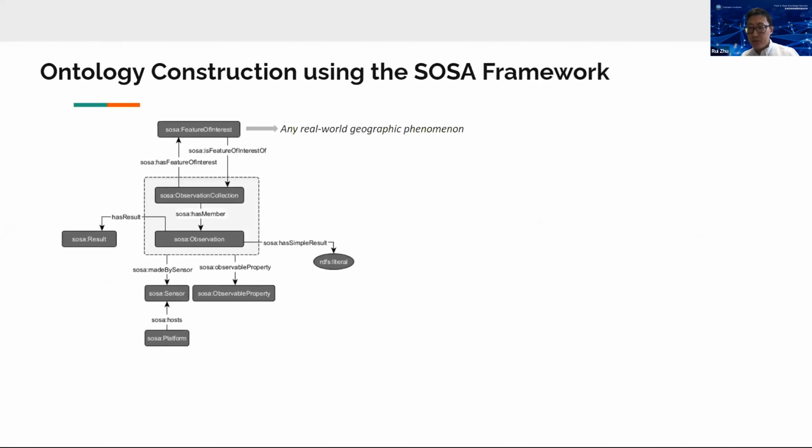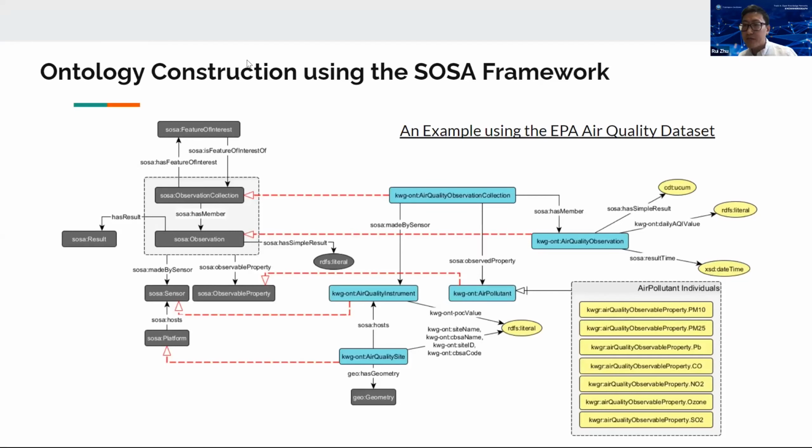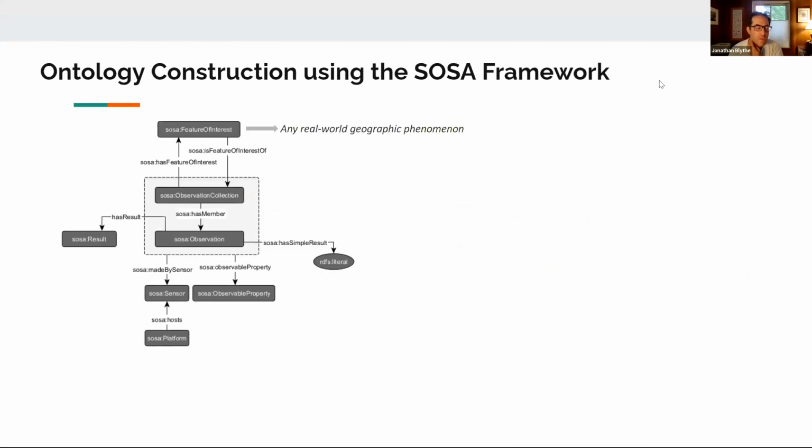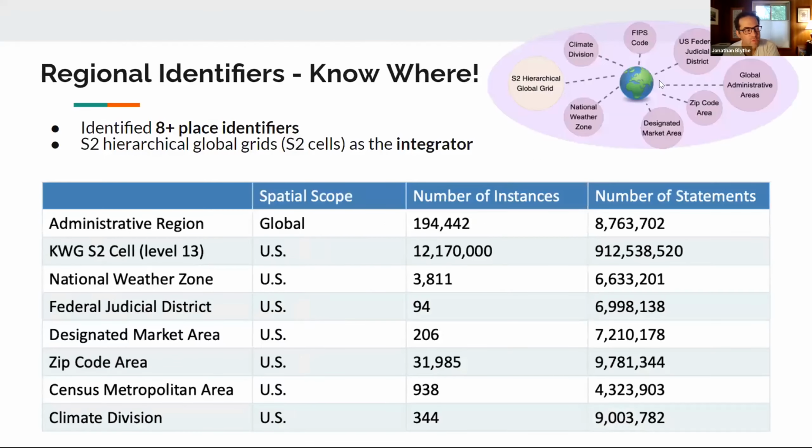Now we have a new question. Jonathan, you can unmute yourself and speak up. Thanks. Hi, yeah, my name is Jonathan Blythe. I work at the Bureau of Ocean Energy Management. And also I've been involved with the Earth Science Information Partners Discovery Cluster, where we just had a meeting.